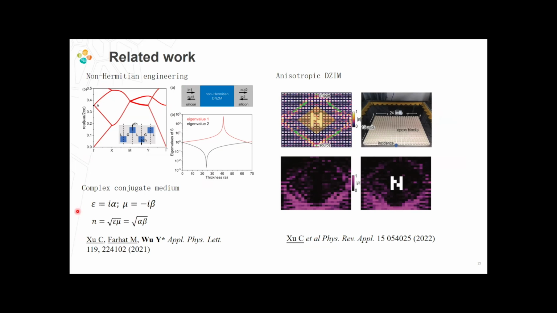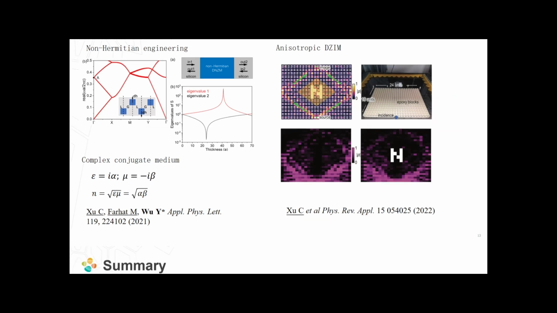And we have these so-called complex conjugate media to achieve super absorption and lasing effect. And this is a super anisotropic double zero index material, which can hide an object inside this cavity. Today I don't have too much time to go into the details of them. If you're interested, you can refer to these publications.